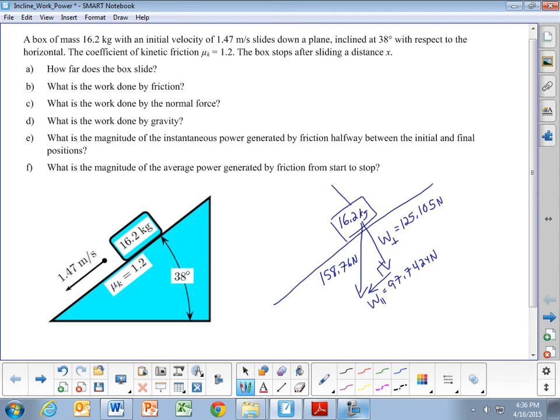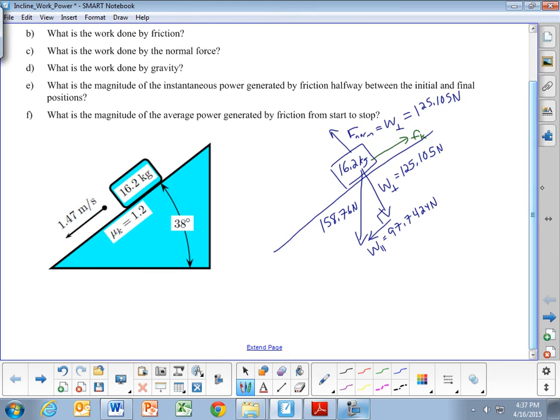We also have the normal force acting on the box. The normal force is going to equal the perpendicular component of the weight. So it's also 125.105 newtons. And finally, we have the force of kinetic friction acting on the box. That force of kinetic friction is the coefficient of kinetic friction times the normal force.